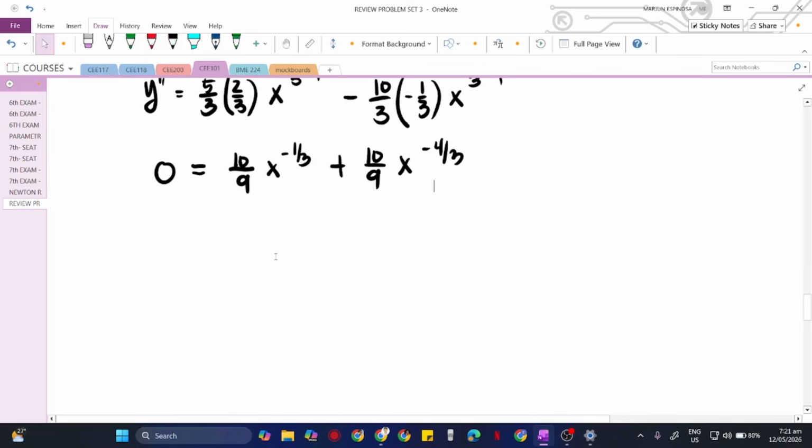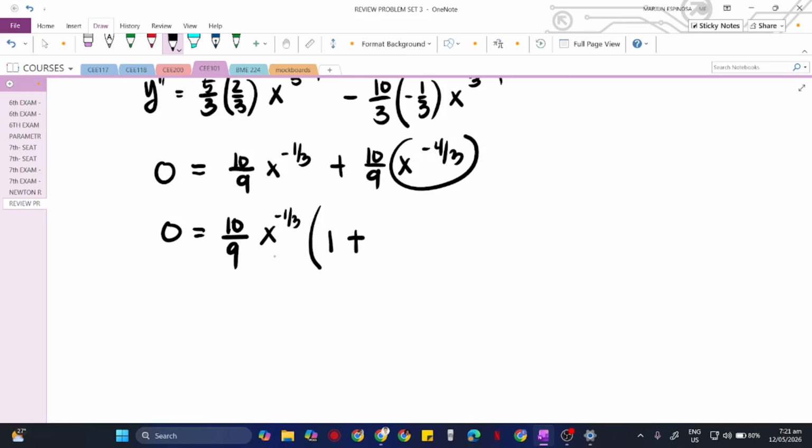Okay, what we can do now is to factor out itong 10/9, no? And then, obviously, we can also factor out x to the negative 1/3, I guess. So, that would give us 1, then plus, if we will be factoring out x dito, okay? Sabihin natin dito is x to the negative 4/3. Diba?